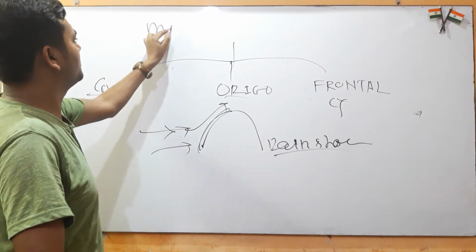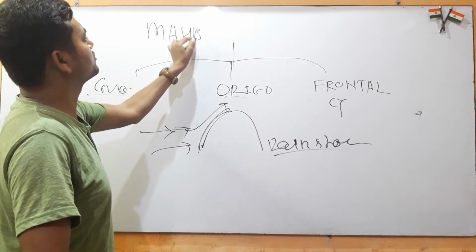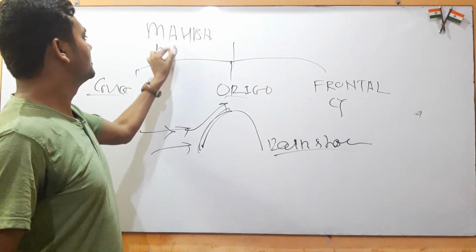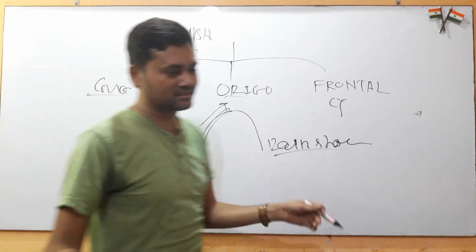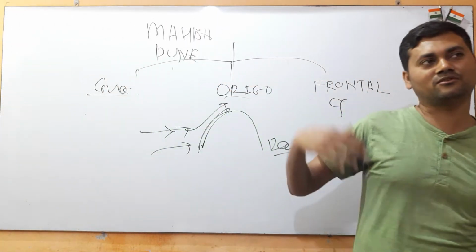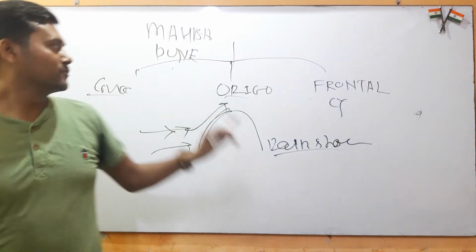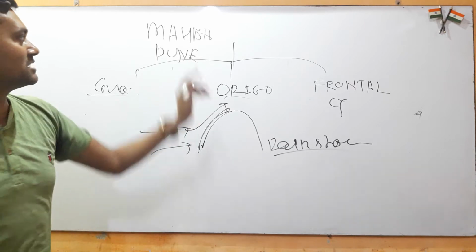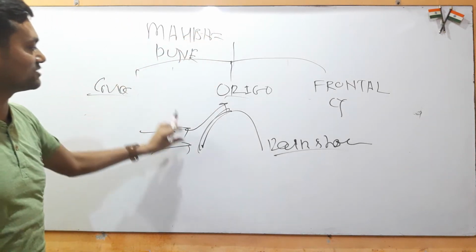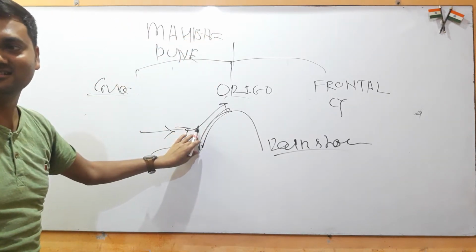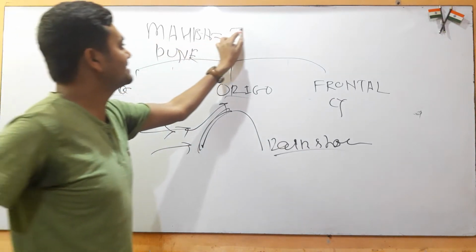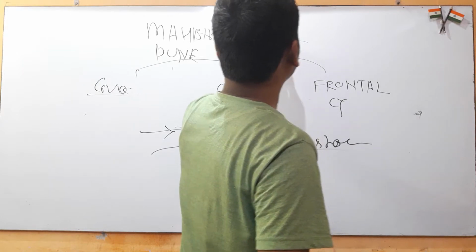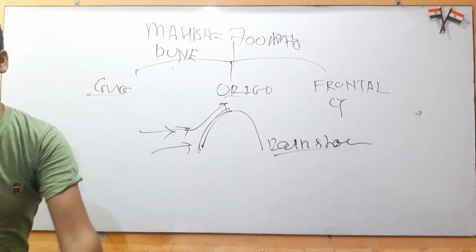That one is known as Mahabaleshwar. It is located in Maharashtra, and so is Pune, which is also known as the Cambridge of South India. Their latitudinal position is similar, but Mahabaleshwar is located in this direction, therefore it receives 700 millimeter rainfall.